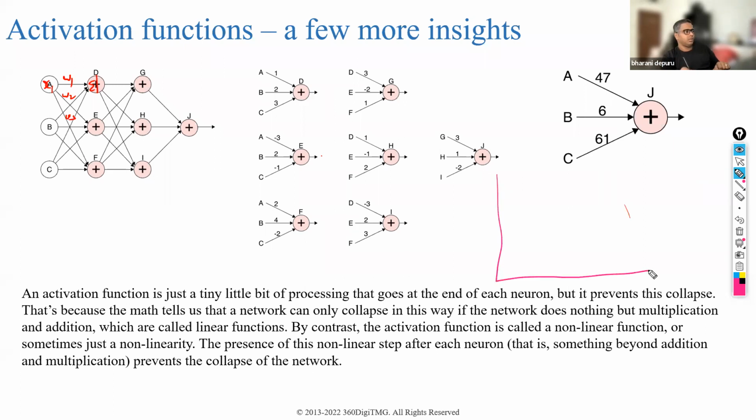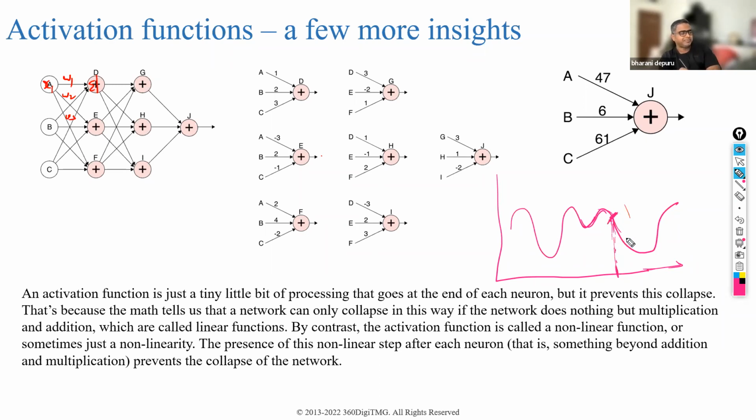Meaning what? If you have an error surface like this, and if your weights were randomly assigned here, then the corresponding loss will be somewhere here.